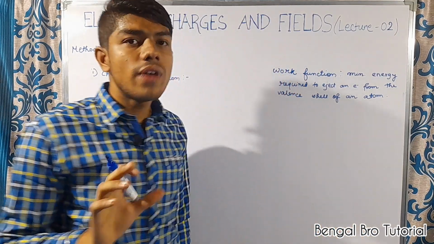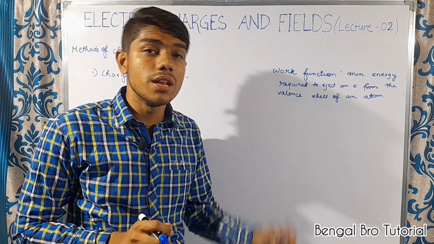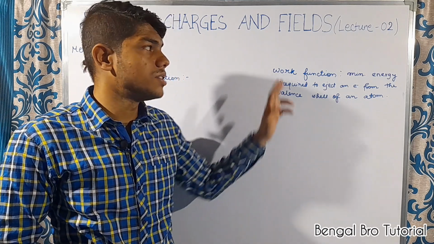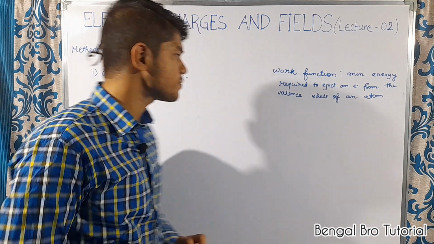If you want to remove an electron from the valence shell of an atom, then we have to supply a minimum energy, and that minimum energy is called the work function of that body.